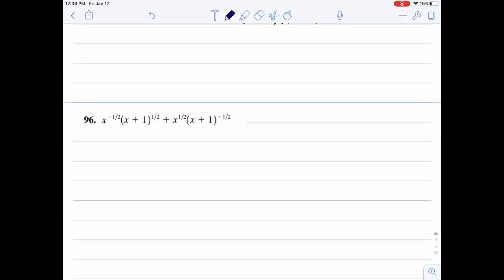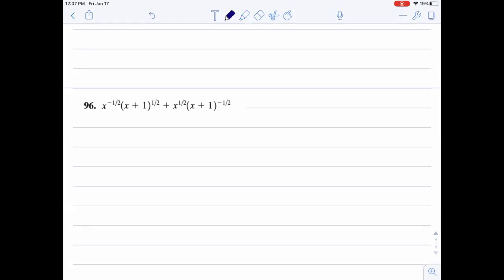Yeah. So how do I want to tackle this little guy? I can pull out. All right. I've decided on an approach. I've decided to pull out the common x to the negative 1/2.